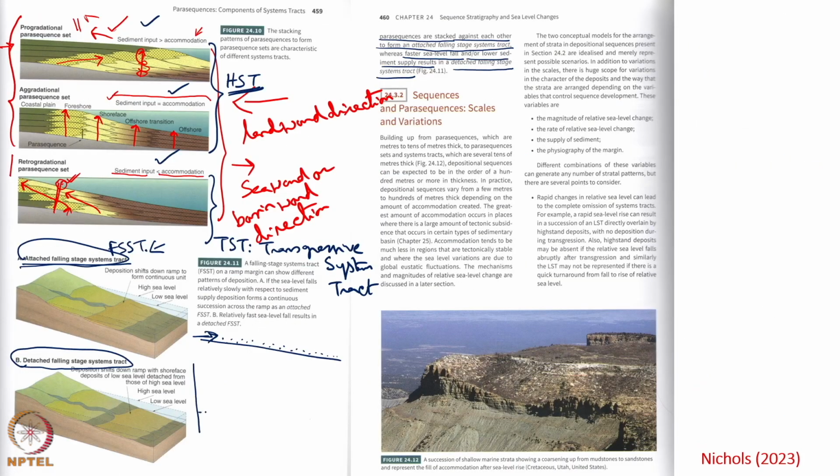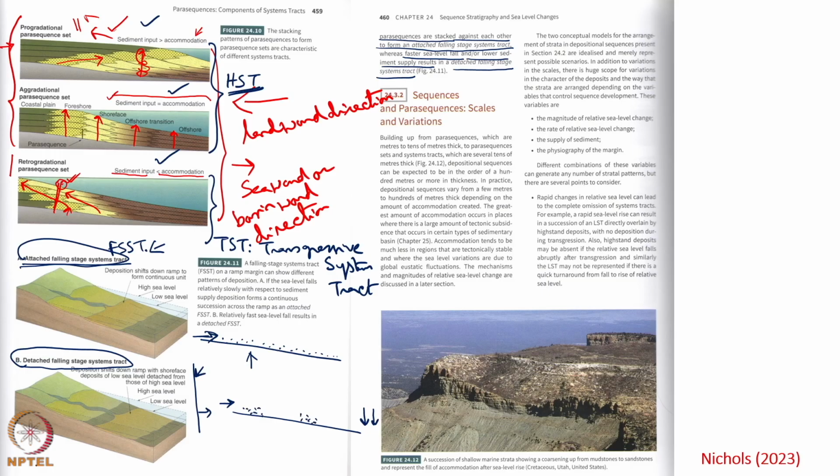But a second case exists when the sea level is falling very rapidly or the sediment supply is very less. In that case, we do not get a continuous or attached falling stage systems tract. Deposition can be restricted in different zones. This is a crude diagram representing this statement.